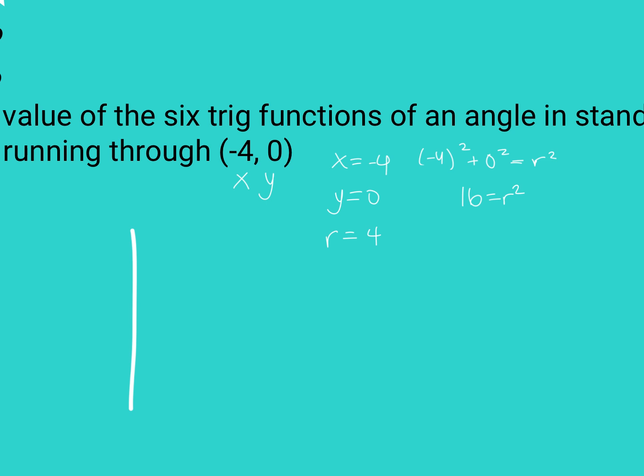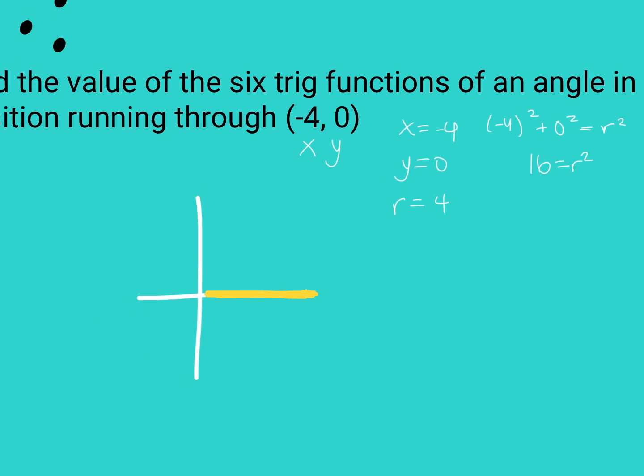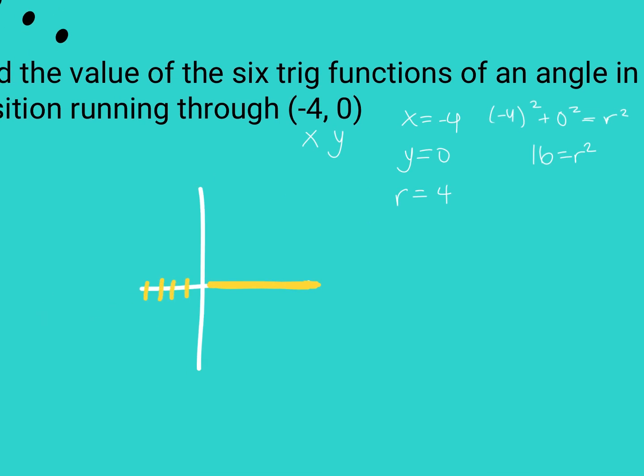Let's visualize this. It says the angle starts in standard position, which is right here on the x-axis, and it runs through the point right here. That means its terminal side, where it ends, is right here. What is this angle, if it starts here and ends here? 180.